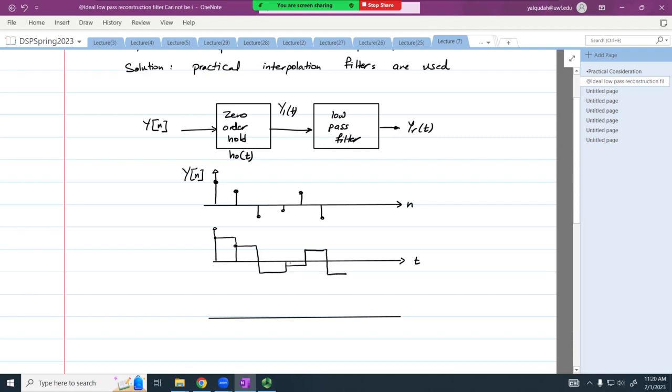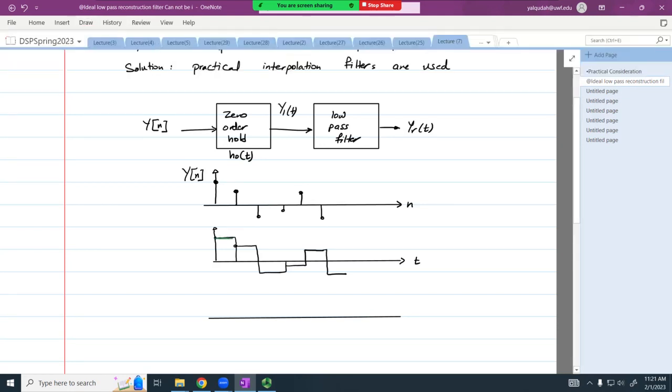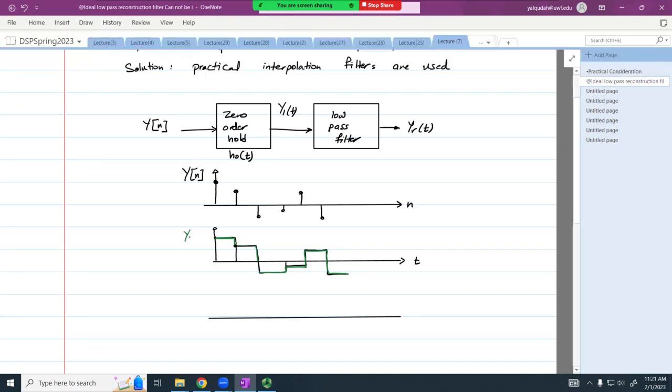Make sense? So what is the output going to look like? This is the output of this zero order hold block. So this is y1 of t.